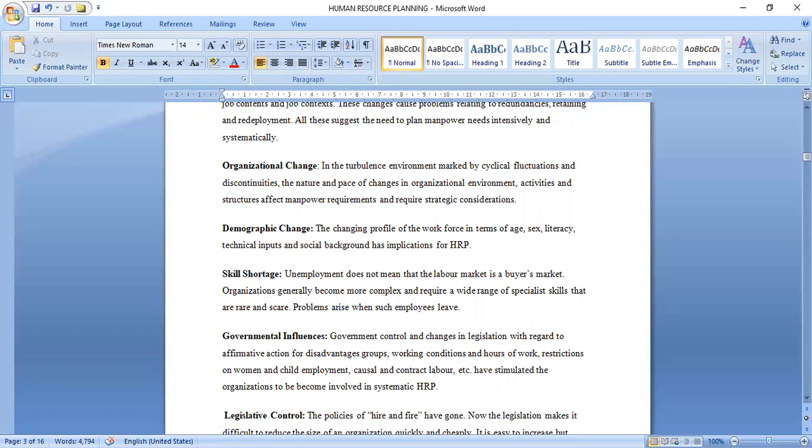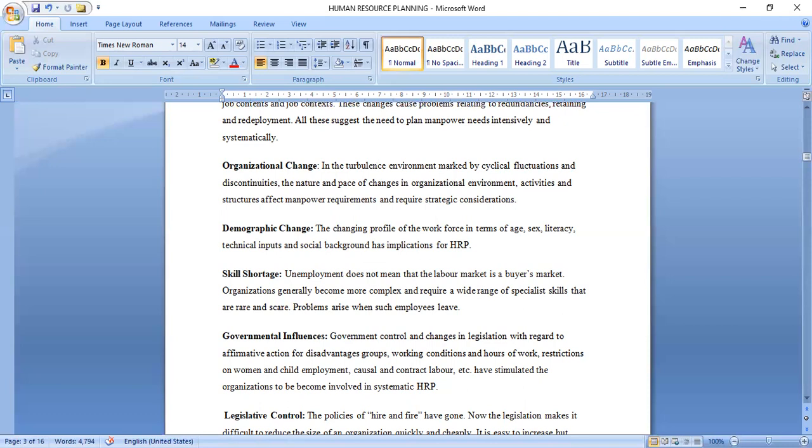So you'll find that organization in this perspective will need to plan ahead, to plan for this change, right? Such that they get the rightful workers with the rightful skills to fill these positions, to be able to help them achieve that goal of, for example, transforming into another different type of business.